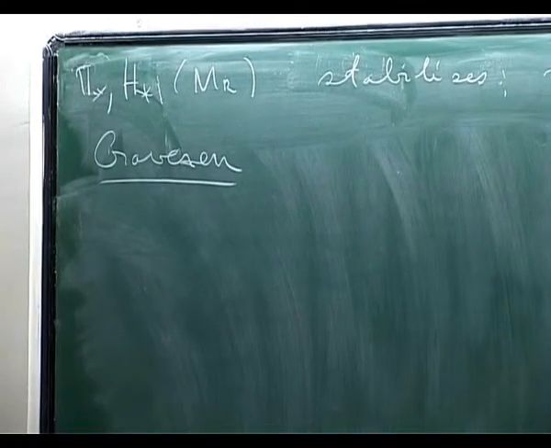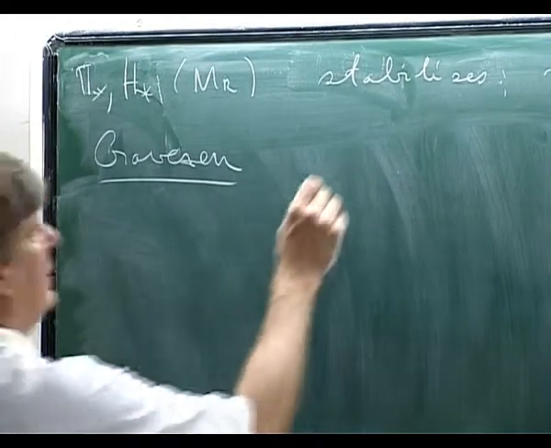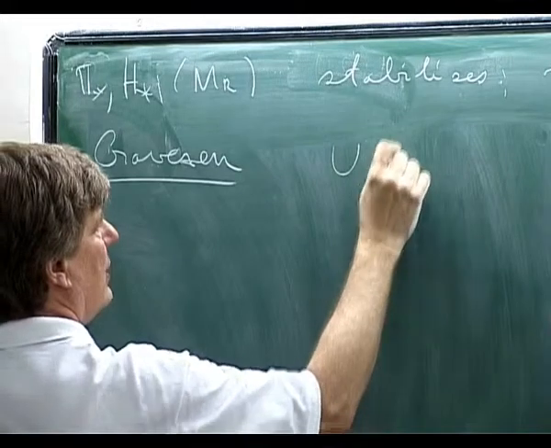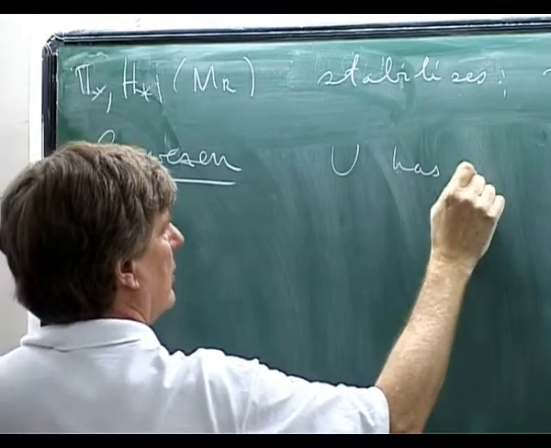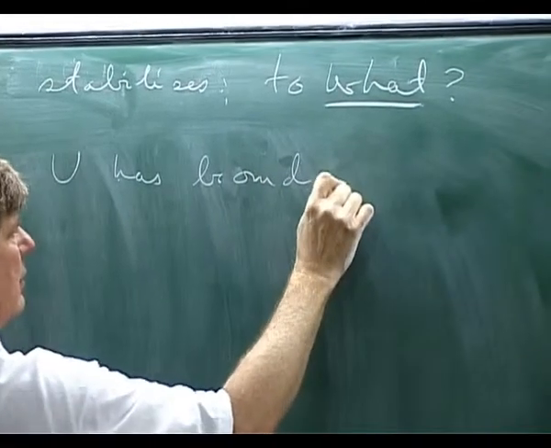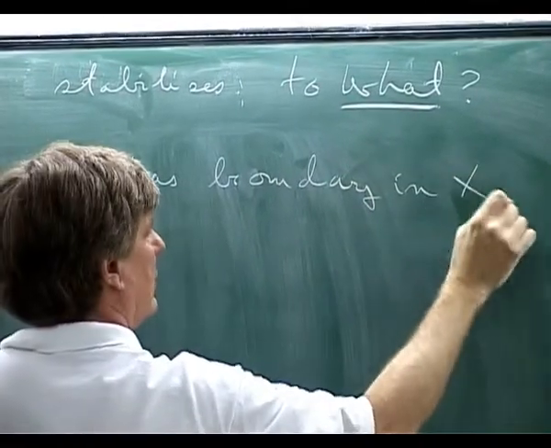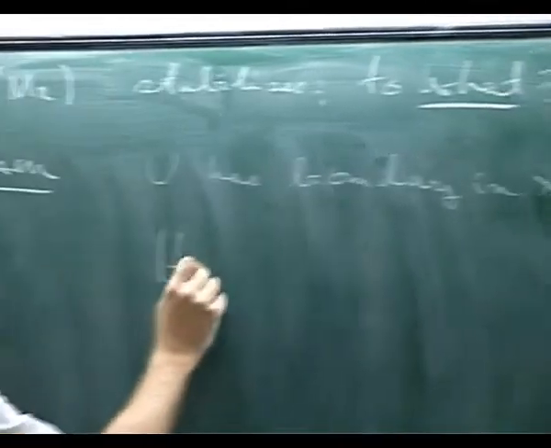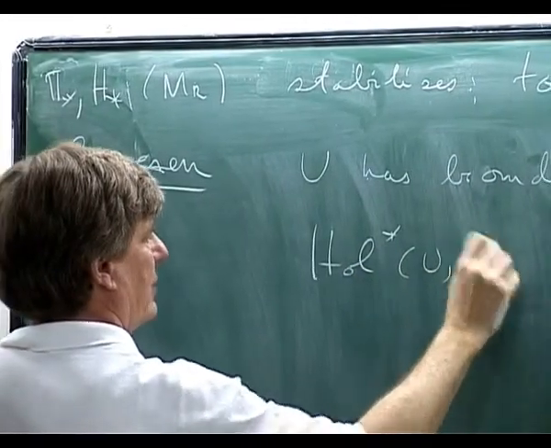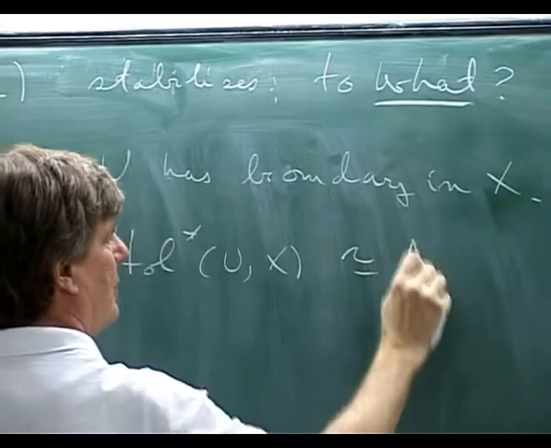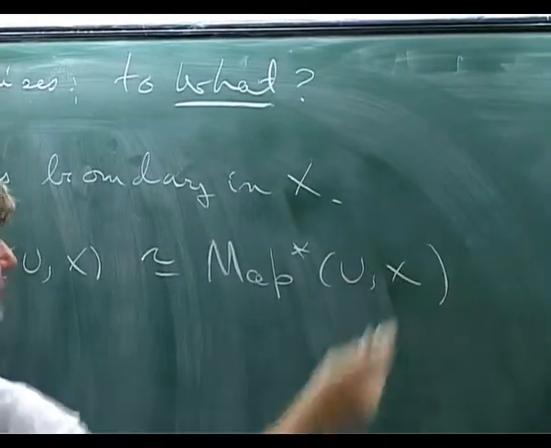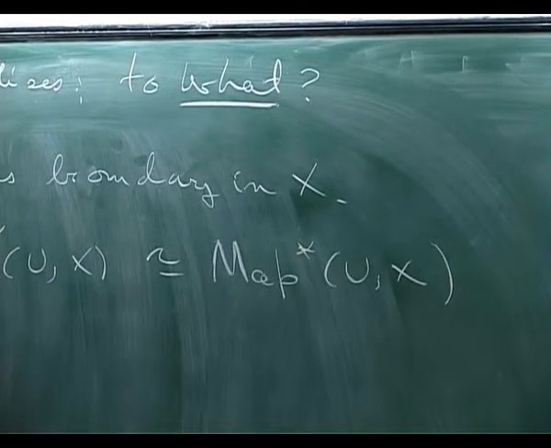What he does basically is say, okay, as long as U has a boundary in X, then the holomorphic maps to X are basically the same thing as the regular maps in X. And that's basically the Weierstrass approximation theorem.